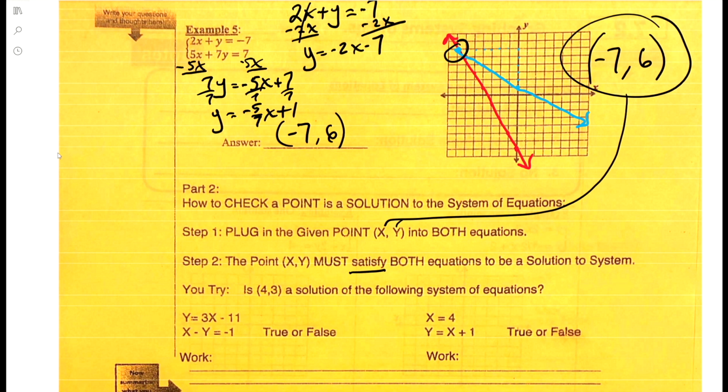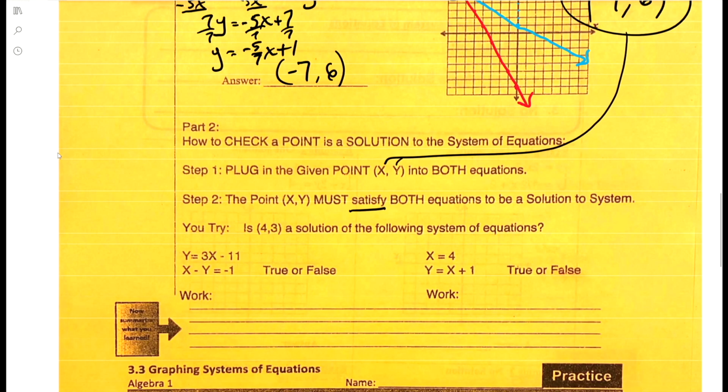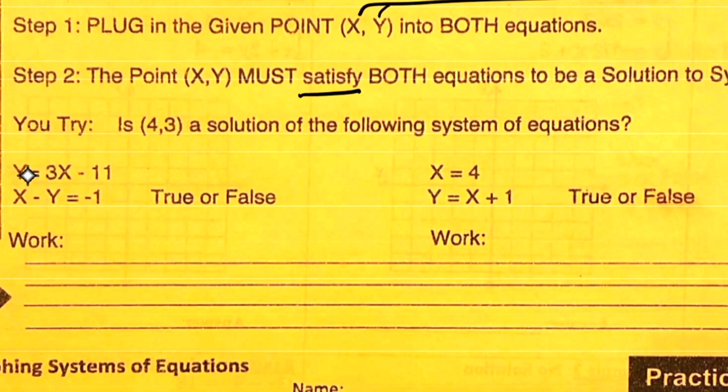Now, in this case, we're going to try the point 4, 3 on a different system of equations, and we'll see if it works or not. So for the first equation, it says y, we would put in 3, and is that equal to 3 times x? So we'll put in 4 minus 11. Is that true?